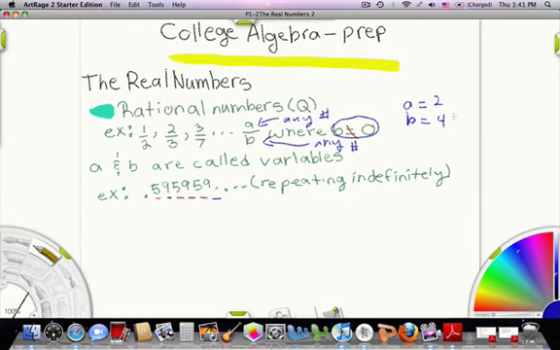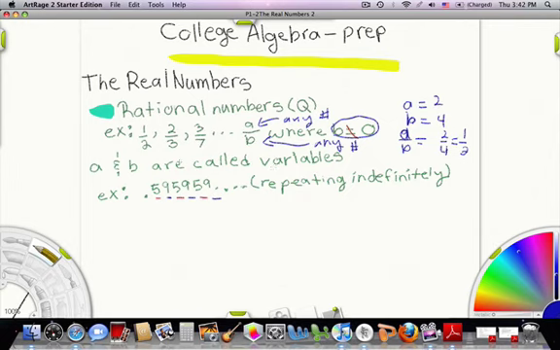If we throw it in this equation, a over b, and substitute in 2 for a and 4 for b, it gives us 2/4, which equals 1/2. So that's pretty much what a variable is. It's a letter holding the place of a number.